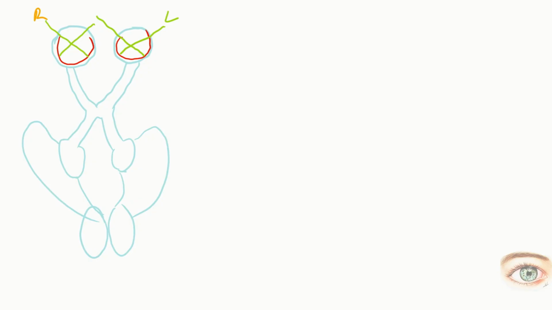The superior visual field is going to be made by the inferior retina, and the inferior visual field is going to be made by the superior retina, right? Now, keeping that in mind, we will take this further.